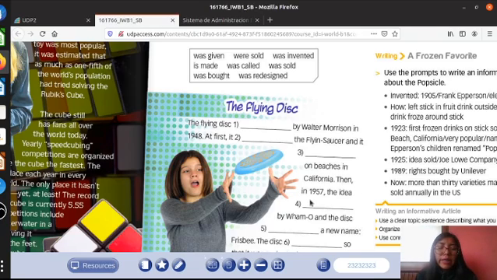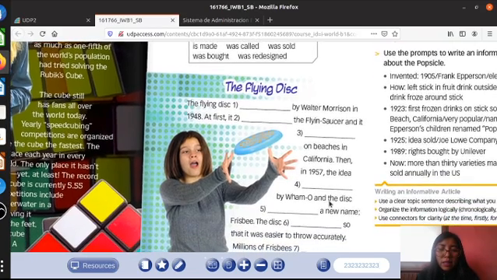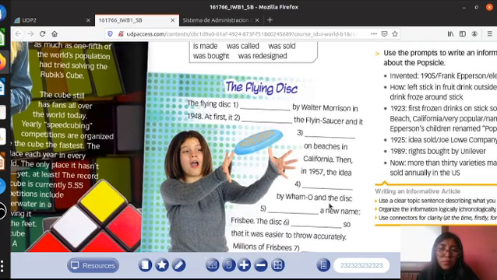Then, in 1957, the idea by Wham-O and the disc. What could be here? ¿Qué podemos utilizar aquí? ¿Qué palabra? Okay, the idea was bought by Wham-O and the disc was redesigned. A new name, Frisbee.